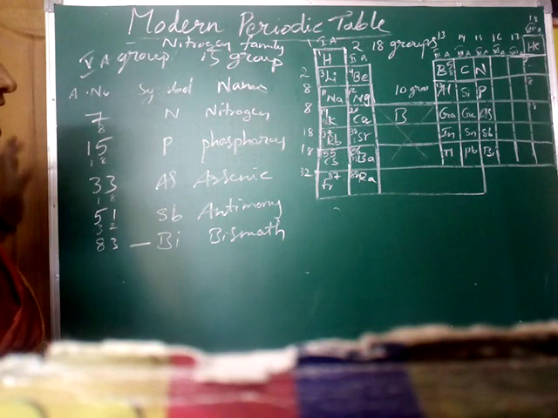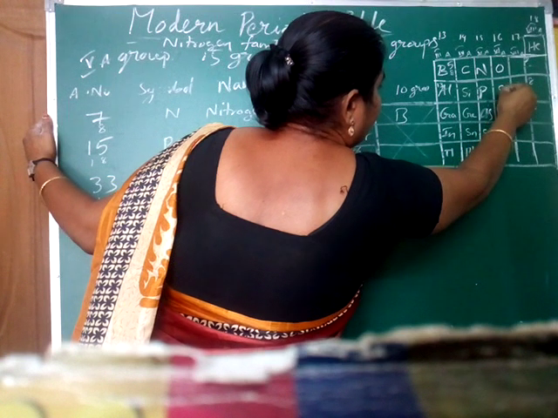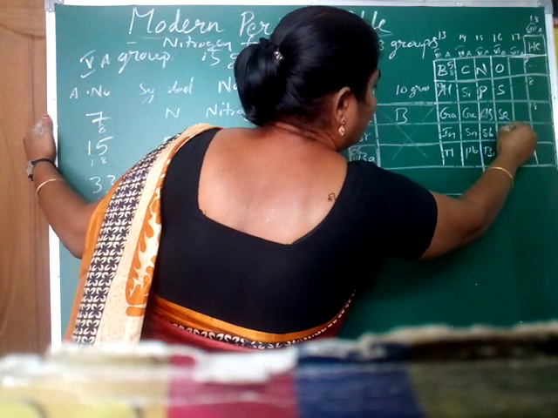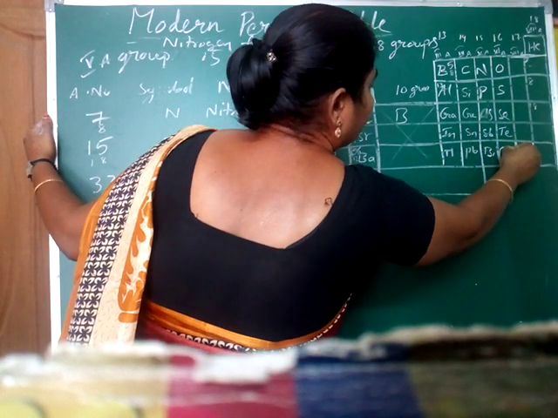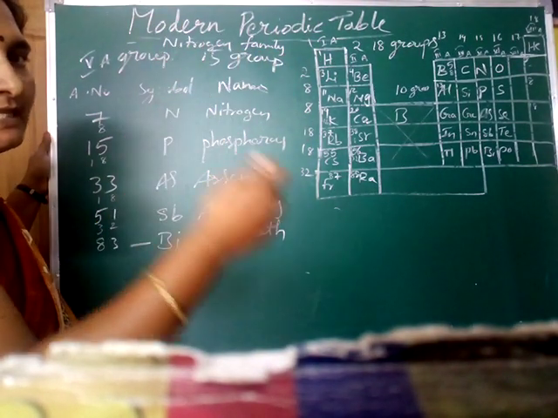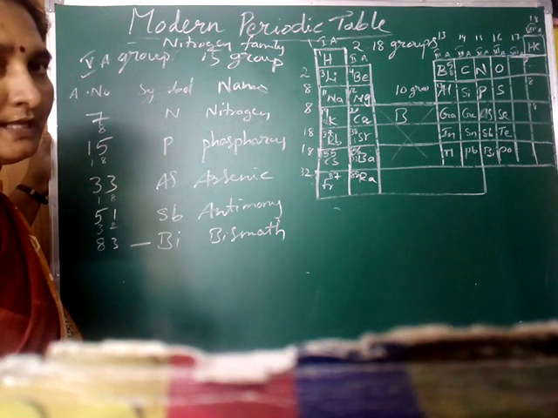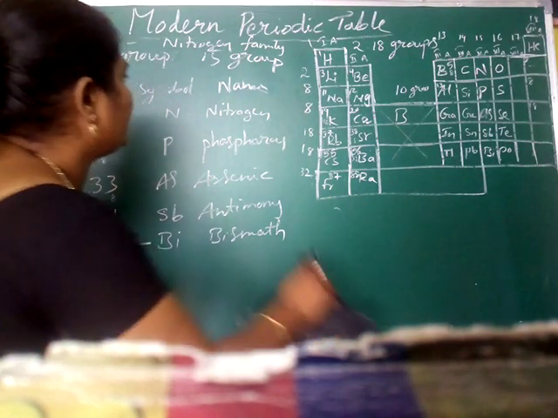Okay, next one is the oxygen family: oxygen, sulfur, selenium, tellurium, polonium. Very simple, there is a rhythm. See how very simply we can remember those.